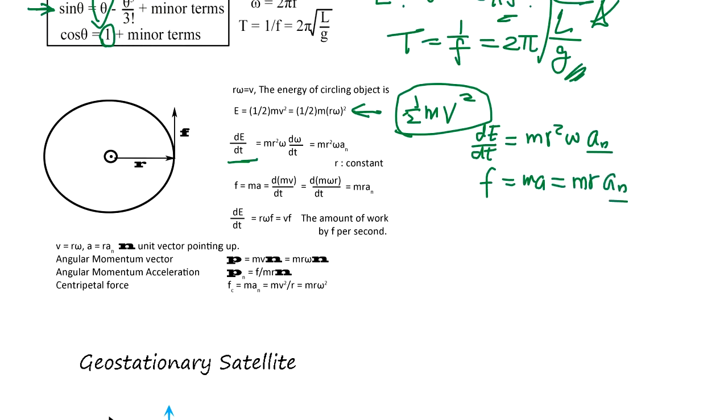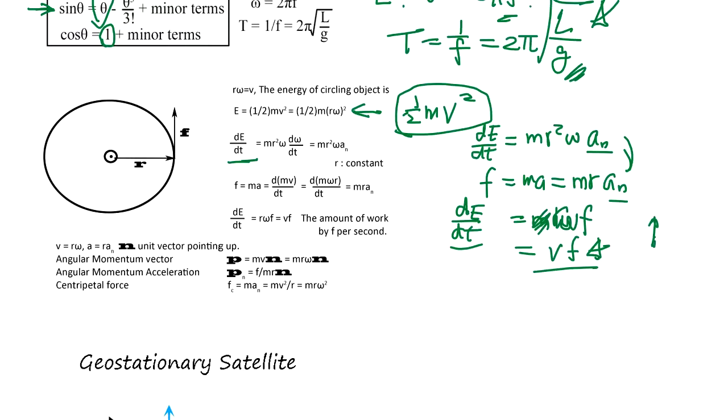So you equate this, it's going to be m, F, the dE/dt. Oh, m disappears. F r omega equals v F. So the energy spent seems like the speed times F. That means you have a velocity and F, right?